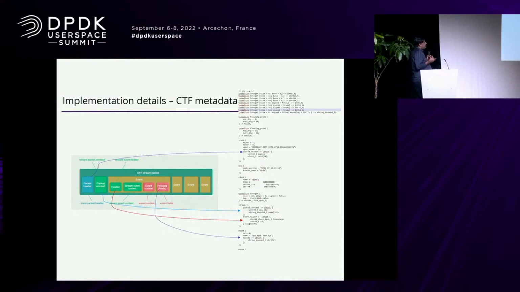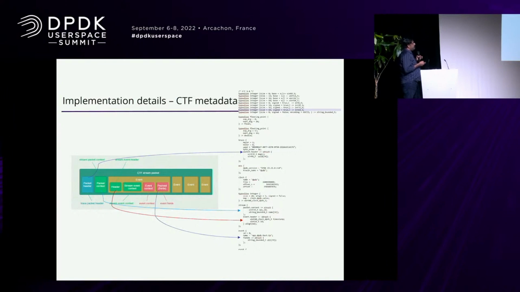So let's see how the metadata file looks. I took a snapshot of the CTF metadata generated by the current implementation. The first section defines the data types, right? The spec is not aware of uint64 and all that.